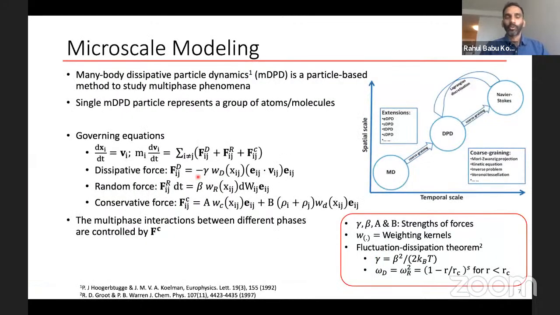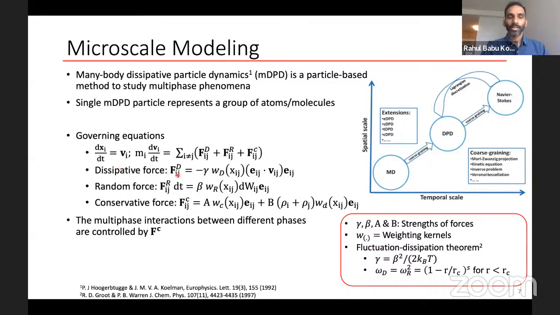And to look at the spreading dynamics of this molten sand, we use the many body dissipative particle dynamics method, which is a multi-phase extension of the DPD. Here are the governing equations. Since this is particle based, we are in the Lagrangian frame of reference.